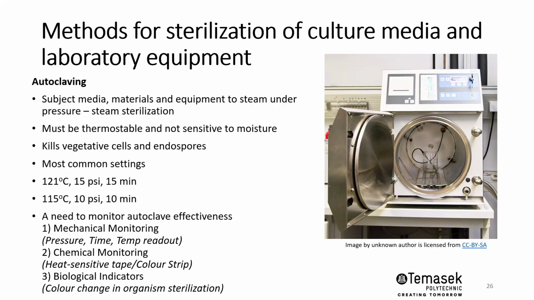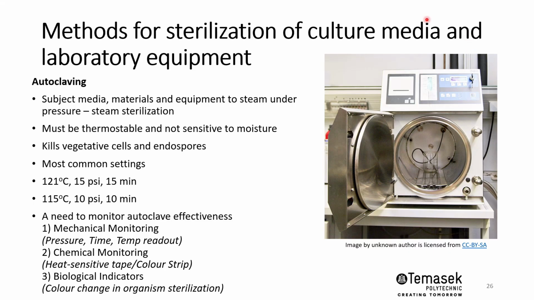So now let's take a look at the methods for sterilization. Autoclaving is one of the most common methods used in the laboratory, especially in the microbiology lab. Here we are subjecting your materials, your media, to steam under pressure, also known as steam sterilization. Steam, we know, under pressure can achieve an effective kill. The autoclave machine, as you see on the right-hand side here, is used to provide high-temperature steam under pressure.